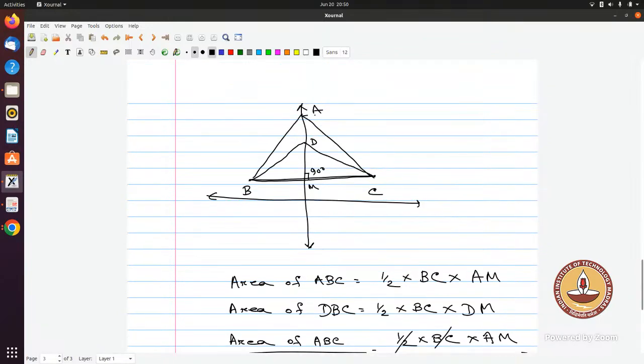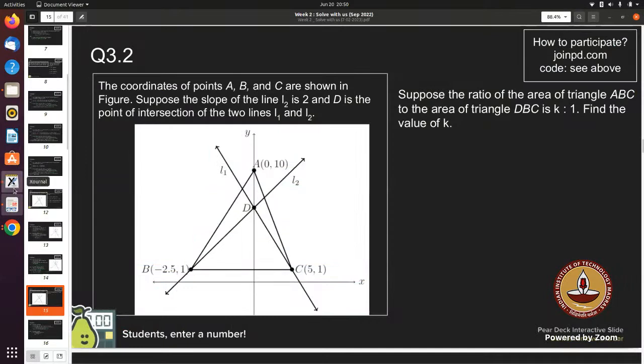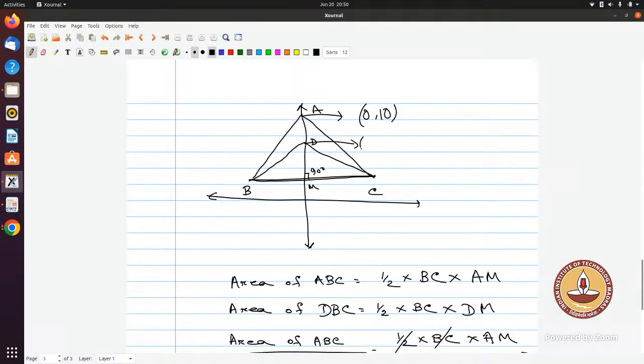Now, what was the coordinate of A? 0, 10, right? If I am writing correctly. Yeah. And D is 0, 6. So what is AM? What is this length? M, you know, it is on the straight line y equal to 1. So this is 0, 1.